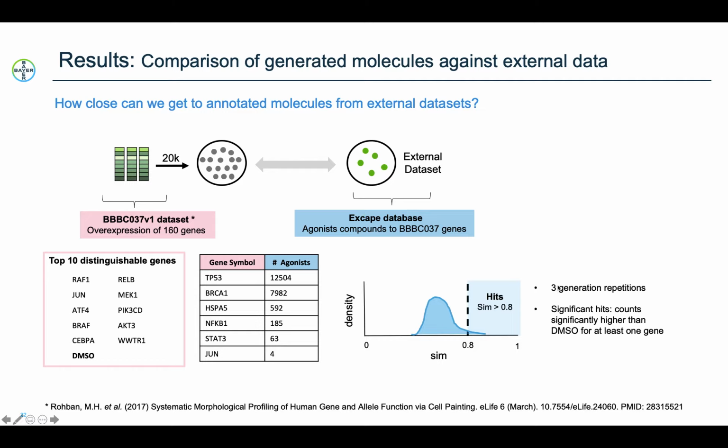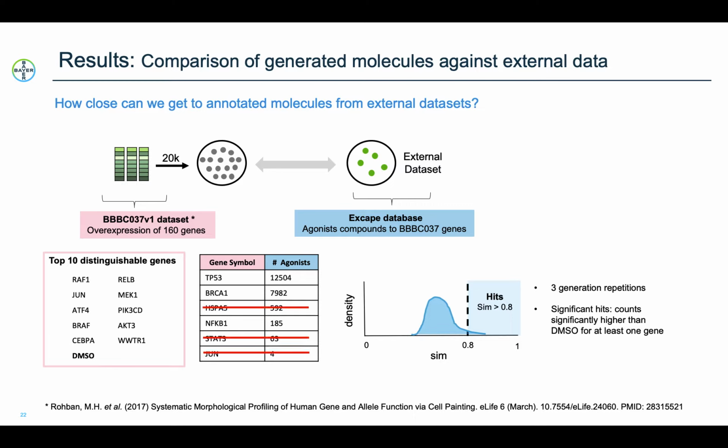And to get some statistical power, we repeated the generation process 3 times using different random seeds, and we detected significant hits by comparing the counts against the DMSO controls.